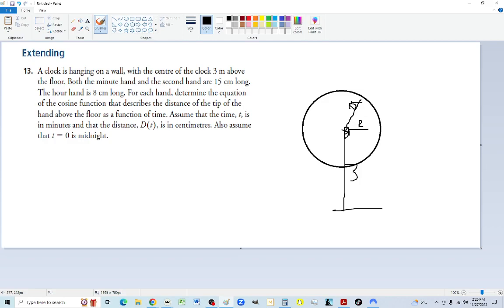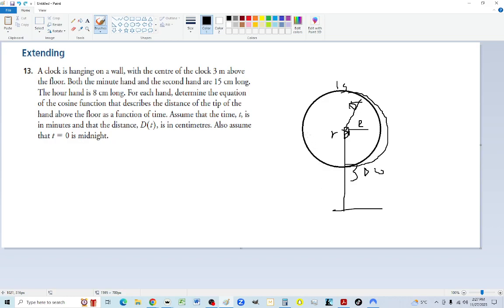For each hand, determine the equation of the cosine function that best describes the distance of the tip of the hand above the floor as a function of time. That means we have to convert meters into centimeters. So we're going to turn that 3 meters into 300 centimeters. The clock itself has a max height of 15 if this is 0 and a low height of minus 15.